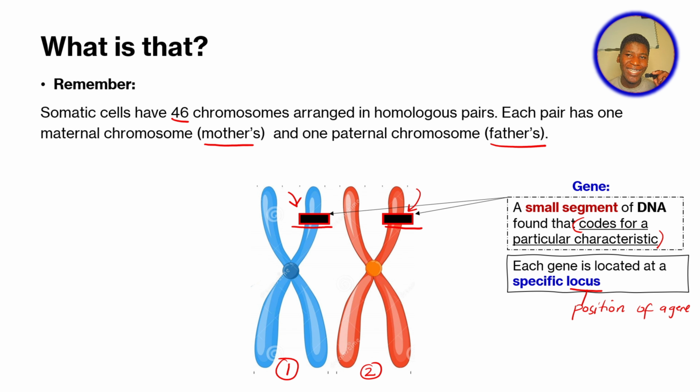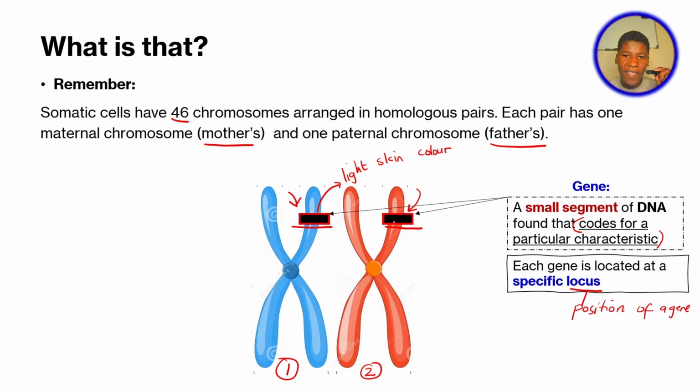But since you have both of these chromosomes, and each is coding for the same characteristic, the question comes: what if they are different? Let's say your mom is light skinned, so this gene is for light skin color.